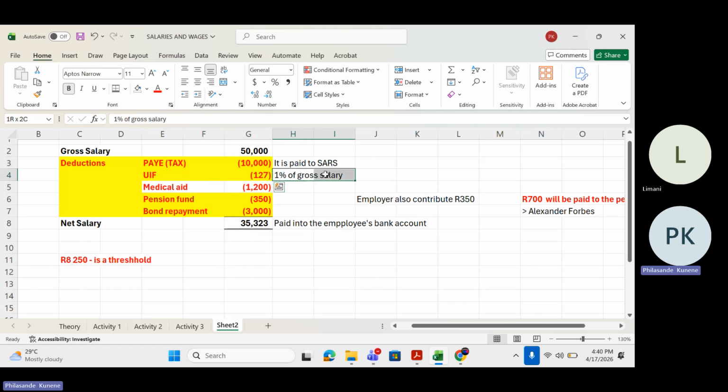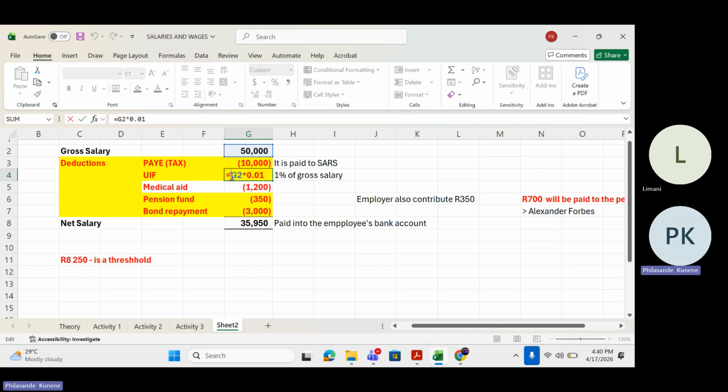UIF is 1% of gross salary, which means regardless of how much you're earning, 1% of that would go to UIF, right? For example, if I take 50,000 and multiply by 1%, which is 0.01, you can see that the UIF is 500 rands.